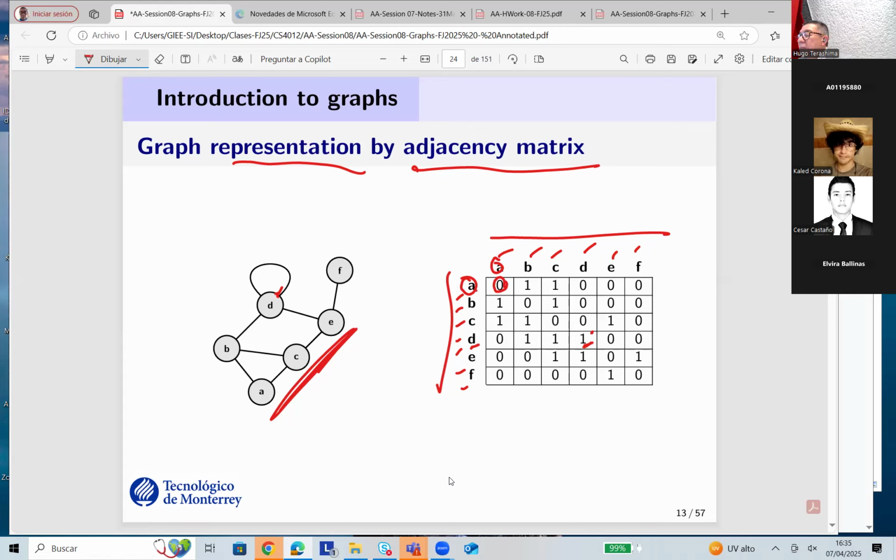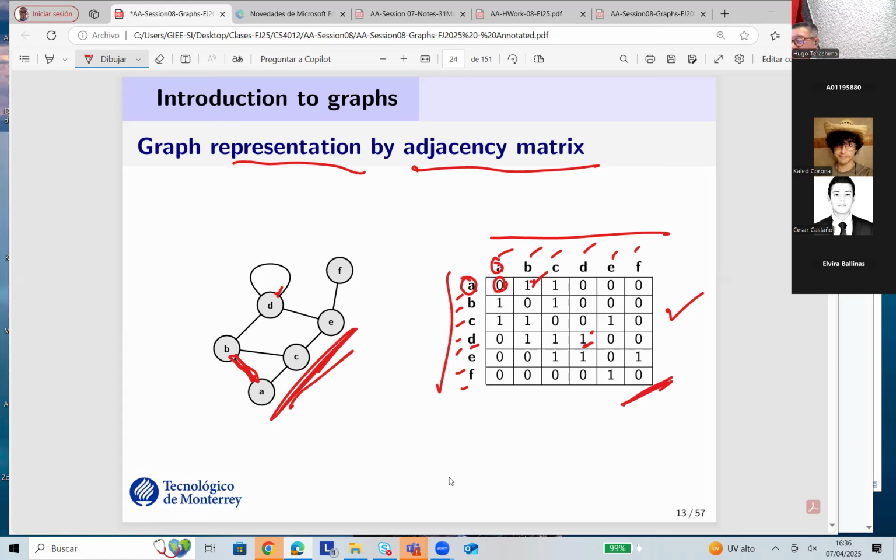There's a connection between A and B, and this and this one. So this matrix represents the graph with 0 if there's no connection between the two nodes, or 1 if there is one. Sometimes, if I'm representing a weighted graph in the matrix, I'm just going to include the value in the cell, representing something.